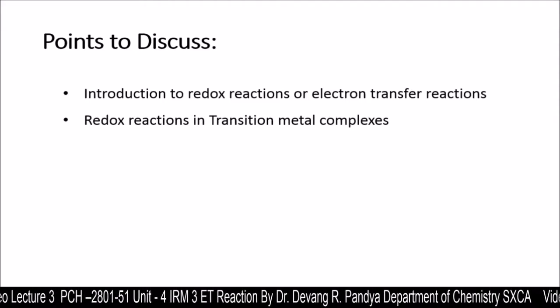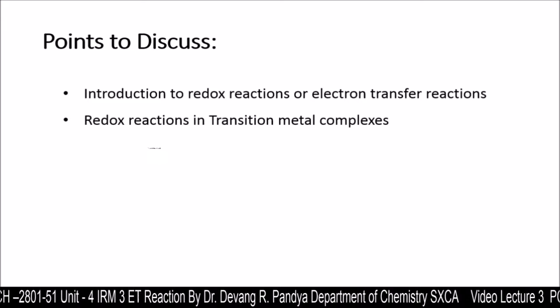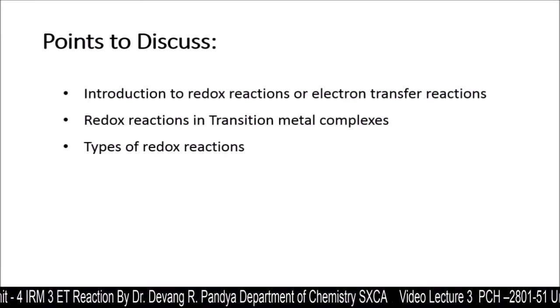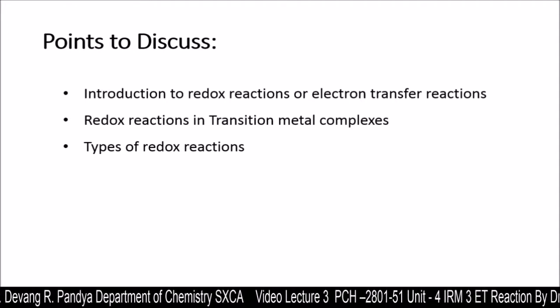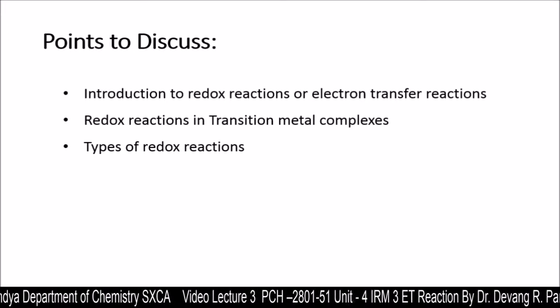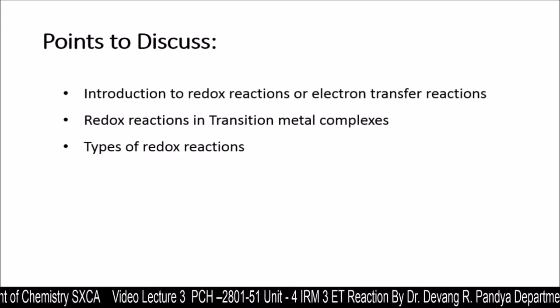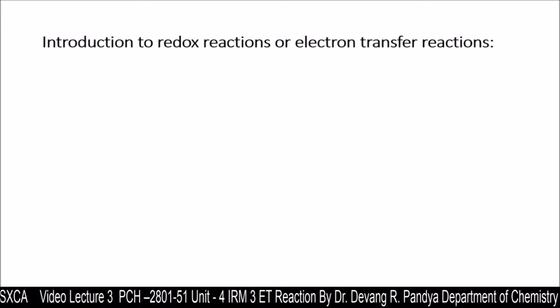We're going to discuss how the redox reaction proceeds in transition metal complexes, ligand substitution reactions, and the types of redox reactions in which an outer sphere or inner sphere reaction mechanism would be there. So we're going to discuss the types of redox reaction in this unit.